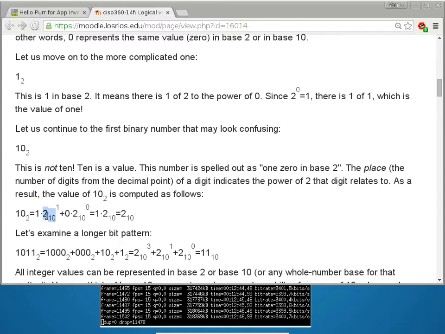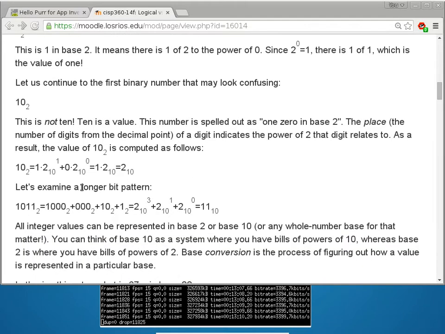Base 2 can only have 0 and 1. So when I use 2, I just want to make it very explicit. This is in base 10, and then the power applies to just 2 itself. It looks kind of awkward, but I just want to make it clear that you cannot have 2 as a base 2 number. It is a base 10 number.